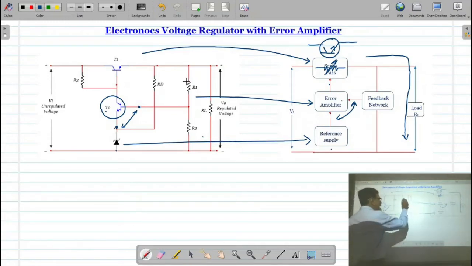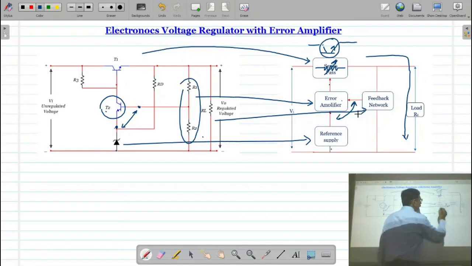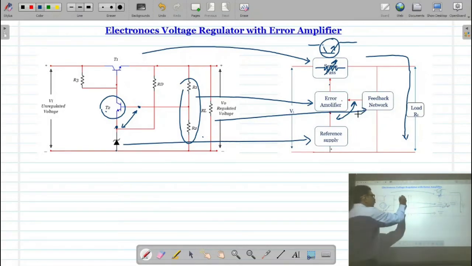The resistances R1 and R2 are the feedback network. If the output voltage increases or decreases, the feedback voltage increases or decreases accordingly, and that feedback voltage is given to the error amplifier.